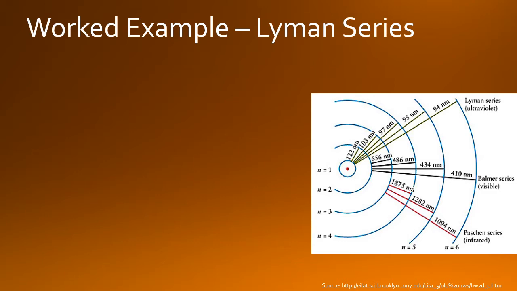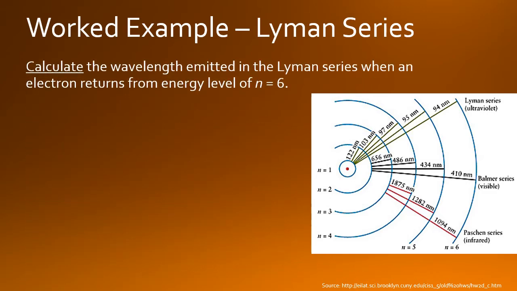Now, they're not detected on our spectroscope in the school laboratory because they're invisible ultraviolet. But here's an example. Calculate the wavelength emitted in the Lyman series when an electron returns from energy level of n equals 6. And you can see from the diagram how it can go all the way from n equals 6 all the way to the inner circle or the inner orbital n equals 1.